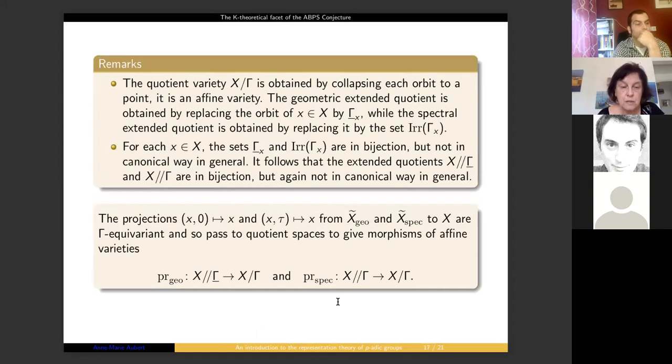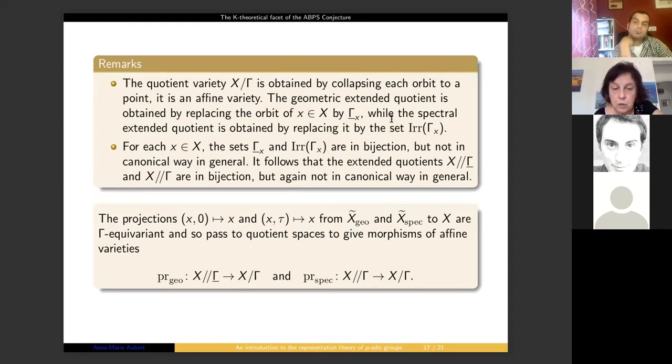So just a little rephrasing of the definition. When you consider the ordinary quotient, X mod Γ, we collapse each orbit to a point, and the geometric extended quotient is obtained by replacing the orbit of x by this group Γ_x, this set of elements.